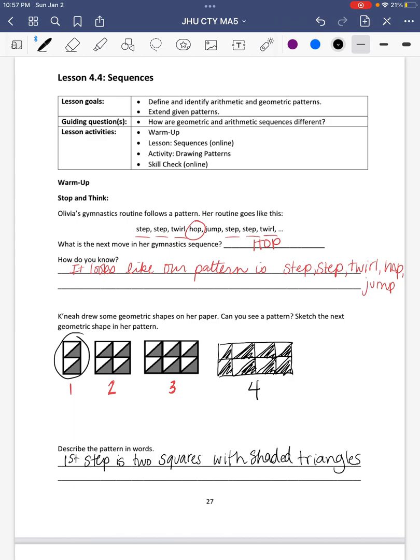So the first step is 2 squares with shaded triangles, and it looks like for every step we add on one more of step 1.